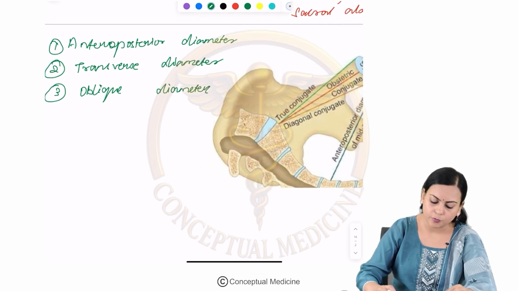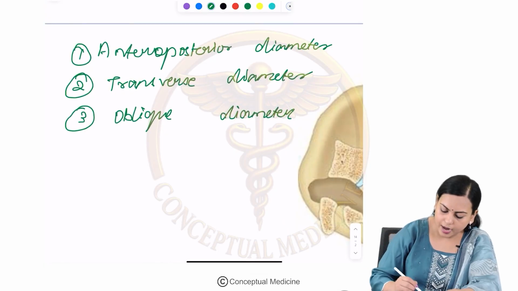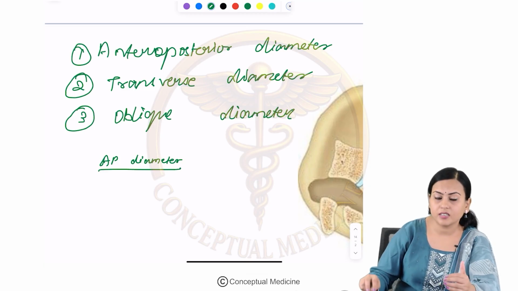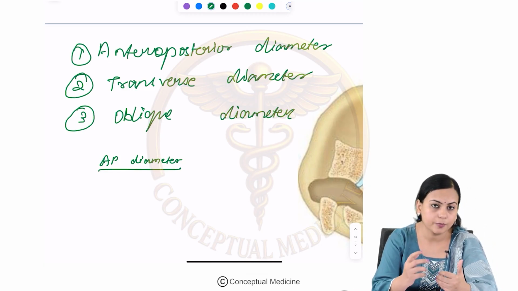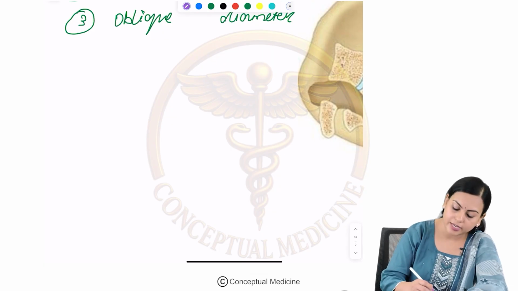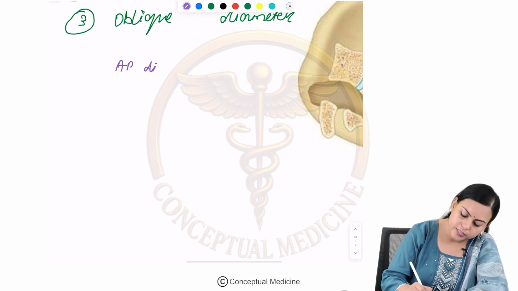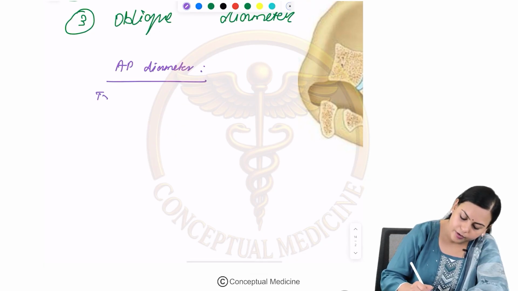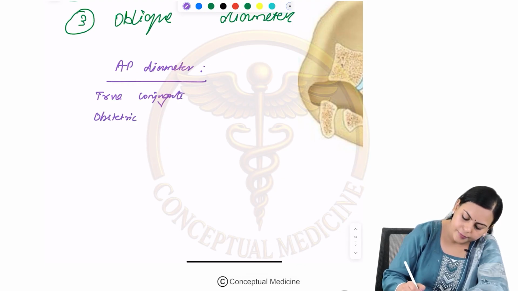Now, what is anteroposterior diameter? Anteroposterior diameter is the diameter you measure from the sacral promontory to the pubic symphysis. We have three conjugates in the anteroposterior diameter. Number one is true conjugate. Number two is obstetric conjugate.